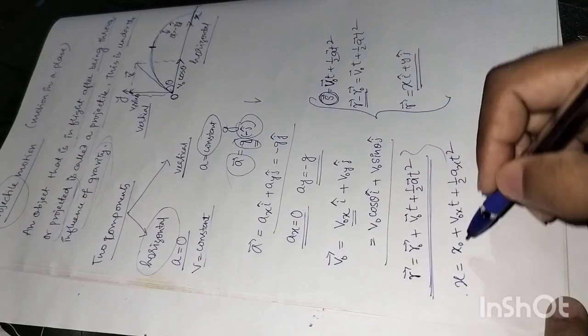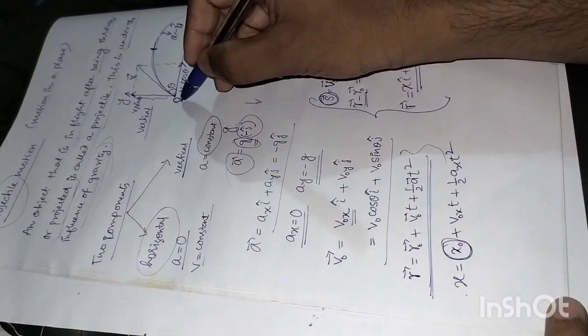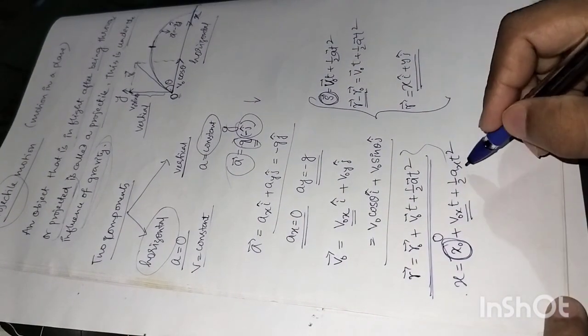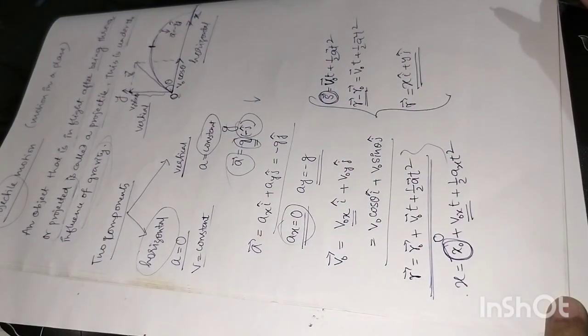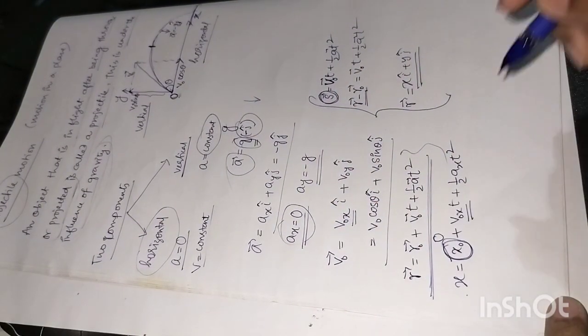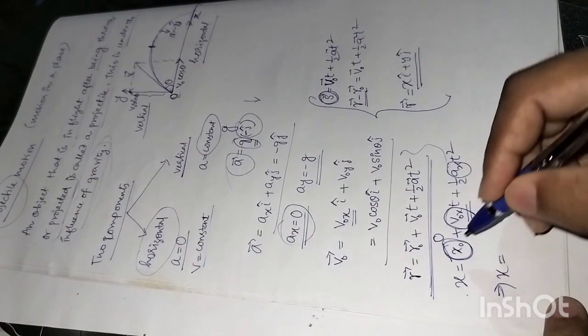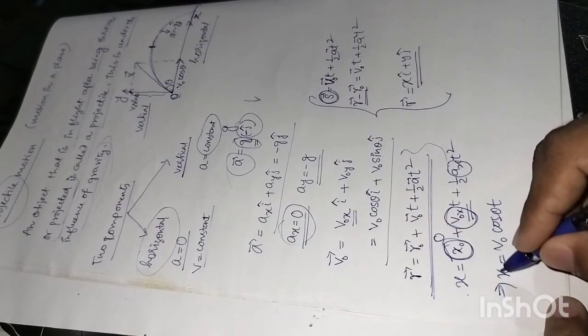Now x naught is the initial position, that is the origin, so this will be 0. Then v naught of x will be there, and finally x is along the horizontal direction. There is no acceleration of the projectile because velocity is constant, so ax will be 0. Finally, for x, we will have this term, which is nothing but v naught cos theta naught multiplied by t.